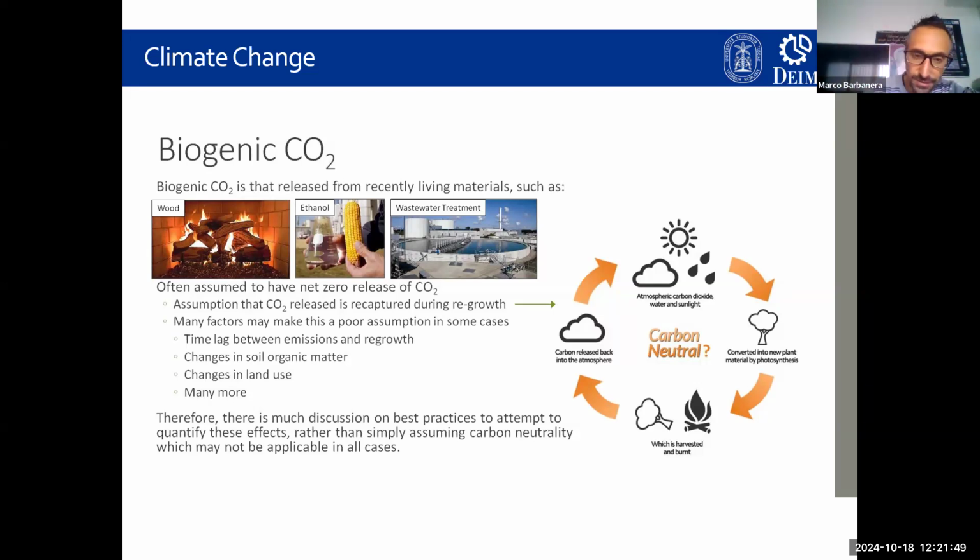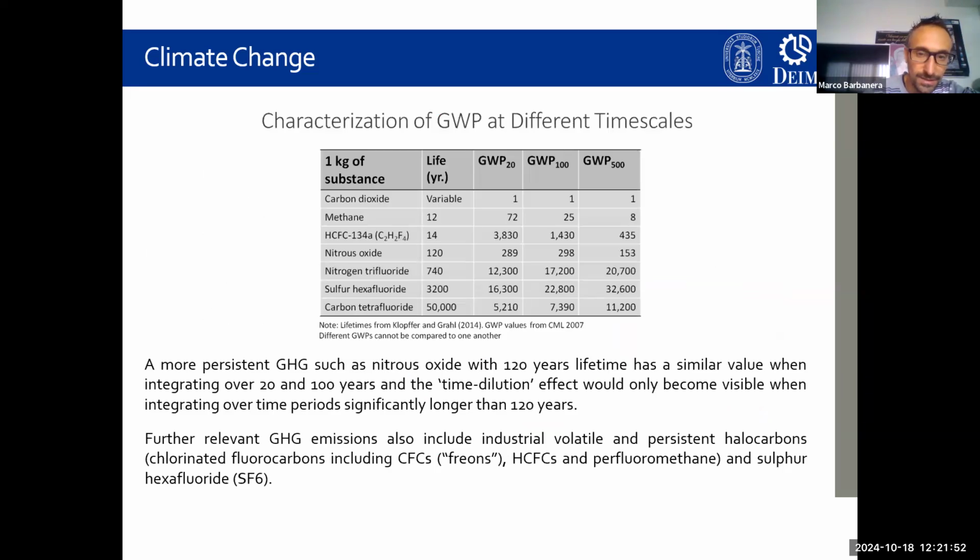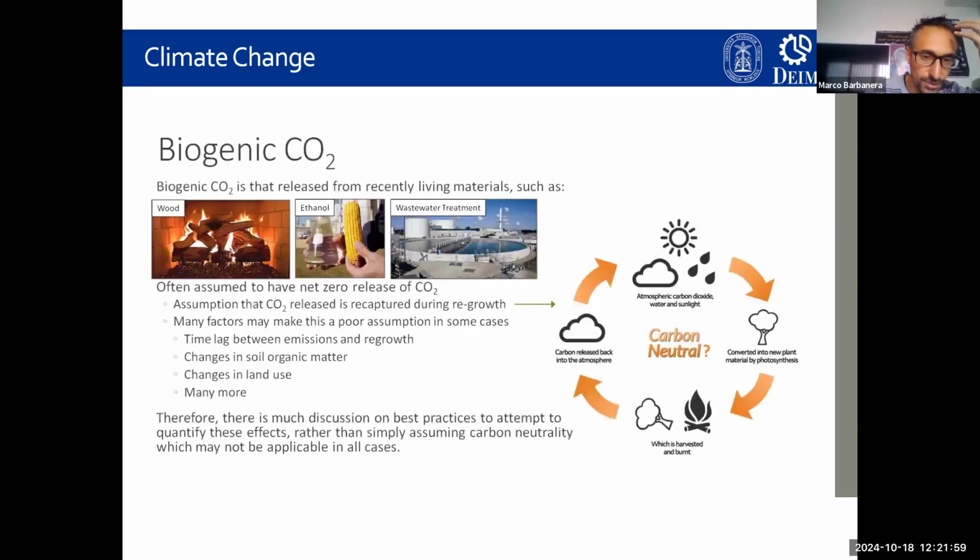In fact, if we consider the 20-year scenario for the calculation of the global warming potential, during this time frame we have the release of CO2, but during the 20 years we don't have the possibility to reabsorb this amount of CO2 by the plant, because the absorption requires more time than 20 years.